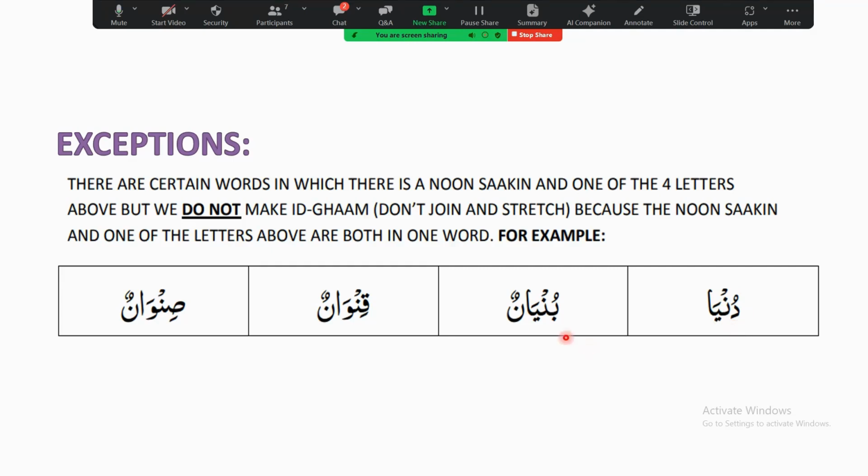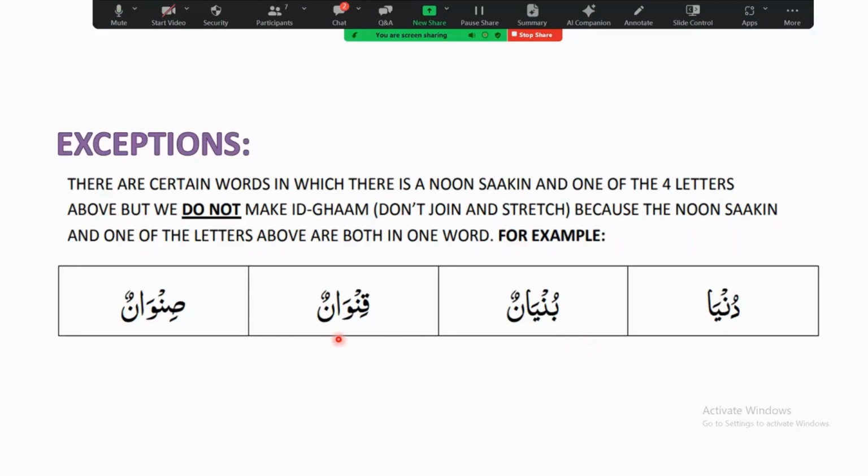So the second example is bunyanun. Bunyanun. Here, after noon sakin, again ya letter is here, but we do not say buyanun. Rather, we articulate noon sakin here as well, because this is an exception again. In the third example of qinwanun, after noon sakin, we see a Yarmaloon letter of waw here.